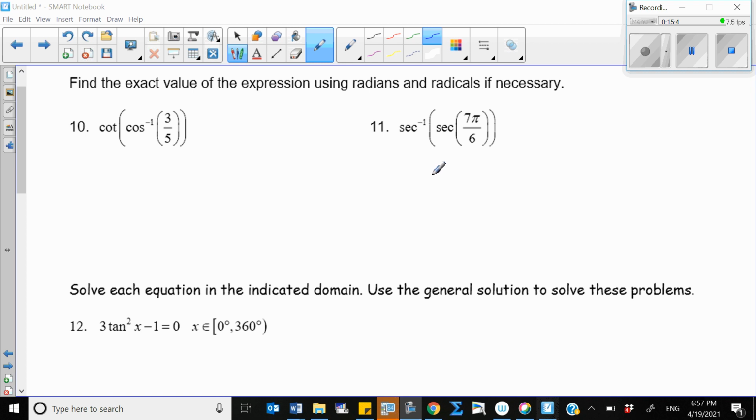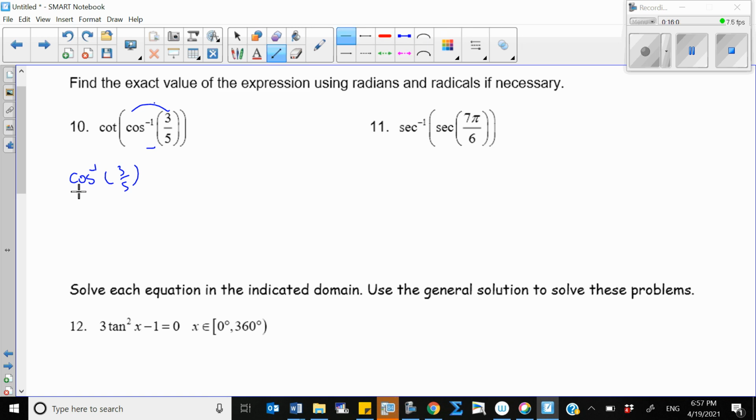For composite functions, you need to consider that we need to do the inside one first. So we solve this one first, and then we're going to find the answer, replace it here, then find the outside one. So cosine inverse of 3 over 5.